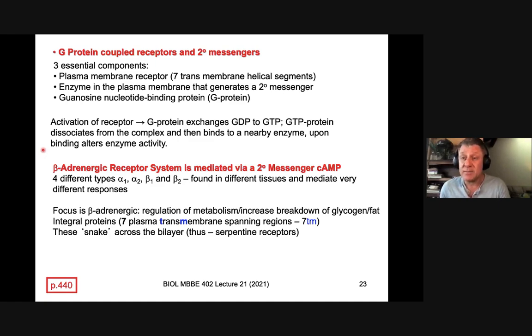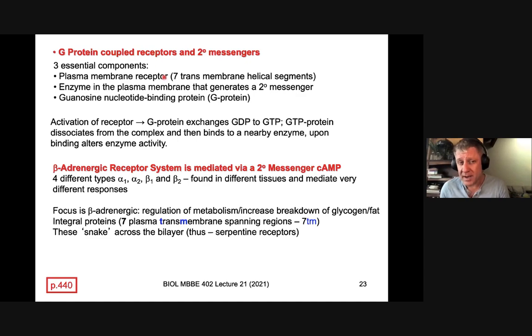And there is a plasma membrane receptor, and it's usually 7 transmembrane helical segments. There is an enzyme that's associated with this plasma membrane, and that particular enzyme, like we saw with the GMP, produces a secondary messenger. And then we have another protein which basically binds that secondary messenger and does a function.